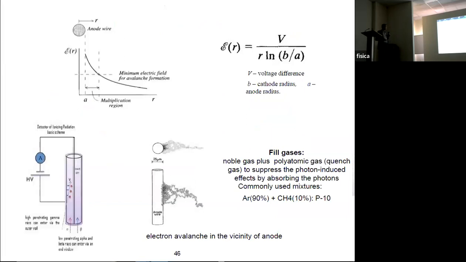We have a cylinder, and inside the cylinder we have a very thin anode, which is actually a metallic stainless steel wire, for example, with a diameter of 100 micrometers, and a cathode, which is the outer surface of this cylinder, also metal.